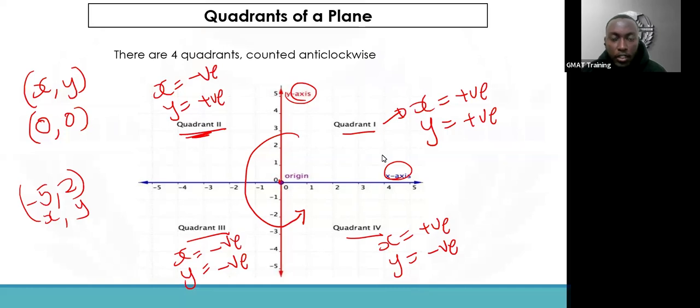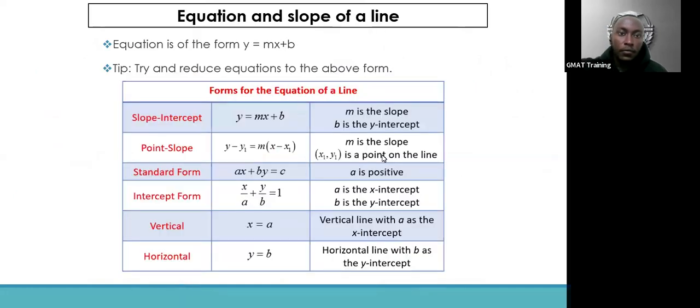Now, done talking about the points, let's get to lines. The normal equation of a line is usually y equals mx plus c, or in our case, plus b, whereby m is the gradient or the slope, and c is the y-intercept, or b is the y-intercept.